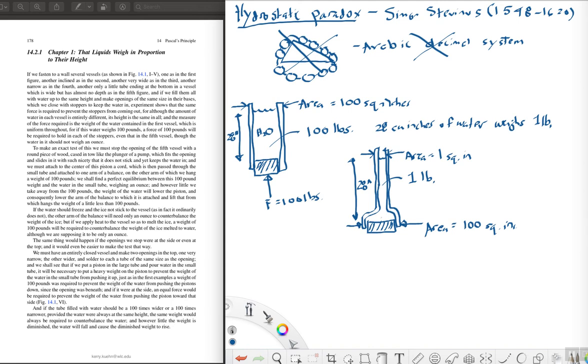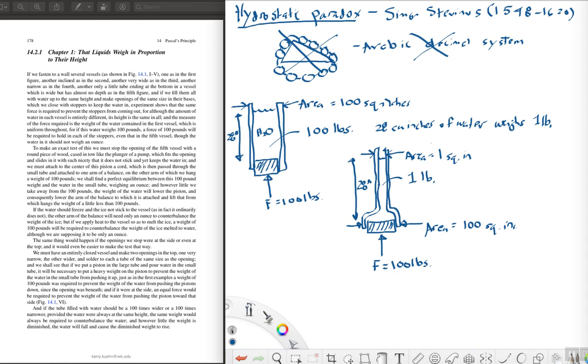Yes, I know it opens up in the bottom a little bit, but if this is a very small region, then let's suppose you only have 1 pound of water in here. Now the question is, how much force does it take to support that 1 pound of water? And you might guess that it would only take 1 pound of force, but you would be wrong. This takes also 100 pounds of force in order to support that 1 pound of water.